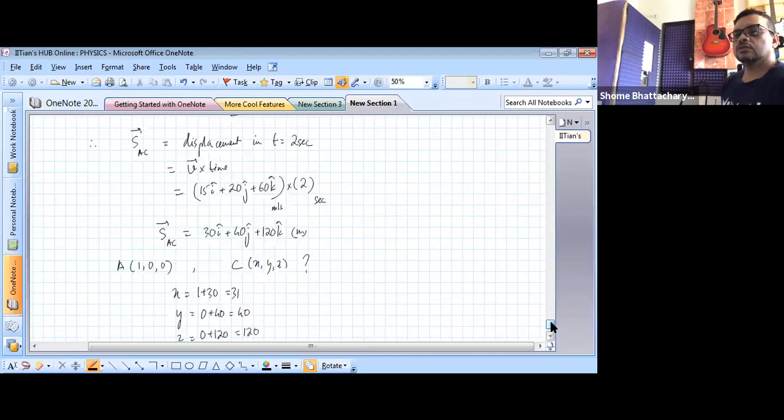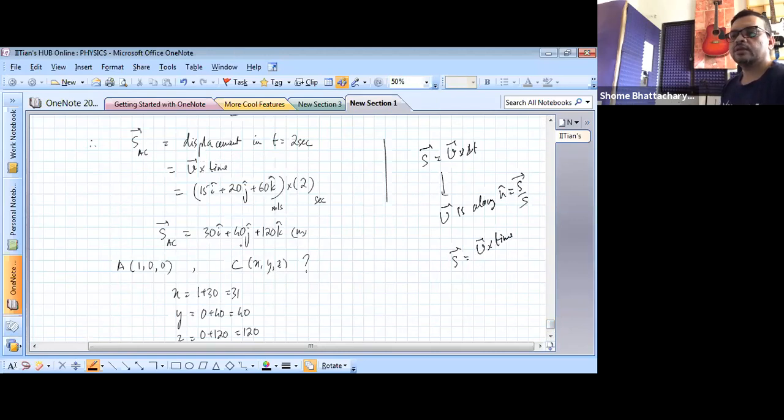So it is making use of the concept that displacement is equal to velocity into time. Once we are using the fact that velocity is along the unit vector n cap, which will be displacement divided by its magnitude. And second time, we are also making use of the fact that displacement is equal to velocity into time.